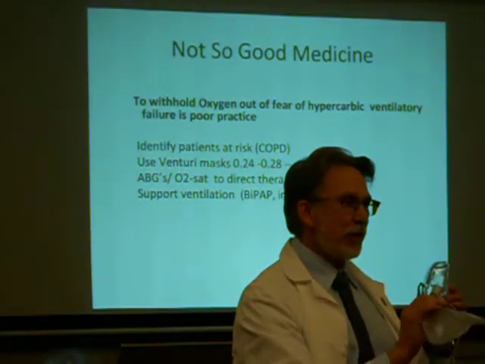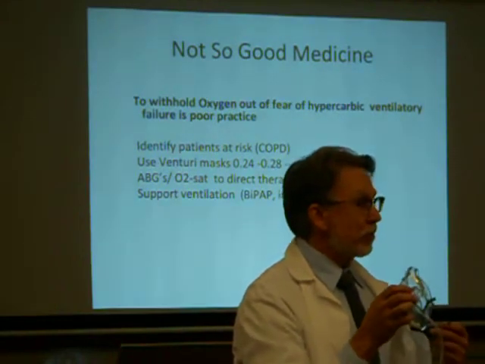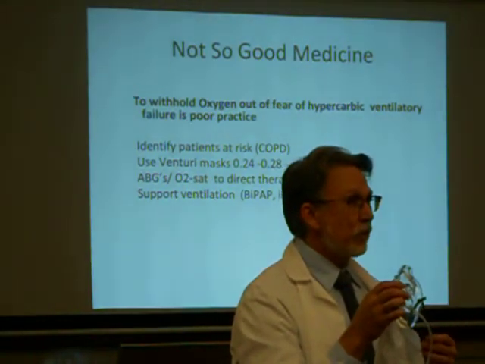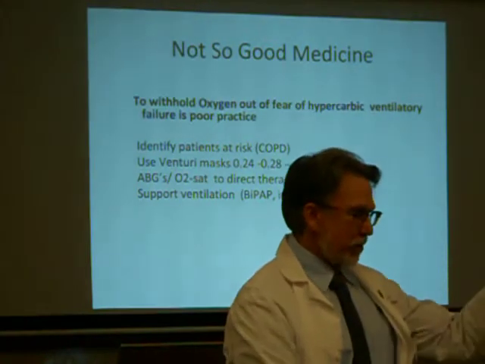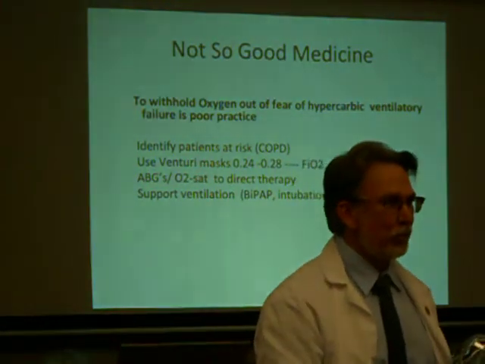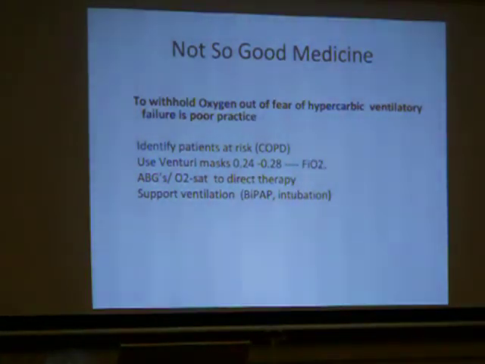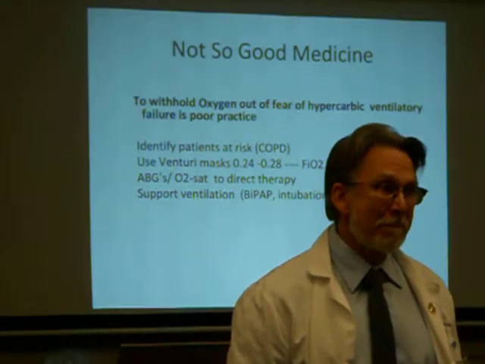With a reservoir that equals your tidal volume, this mask will deliver close to 70–80% oxygen. So this is a good choice for someone who you really want to give oxygen to. The venti mask will deliver oxygen up to 50%. How much?